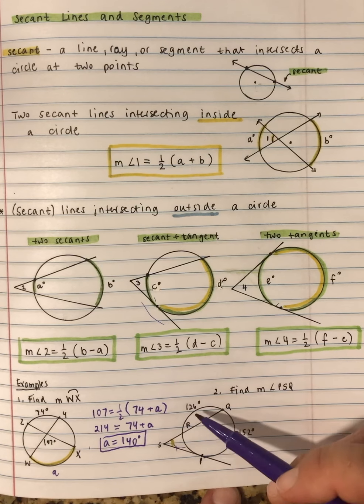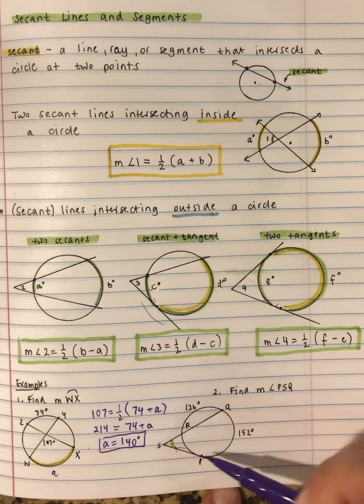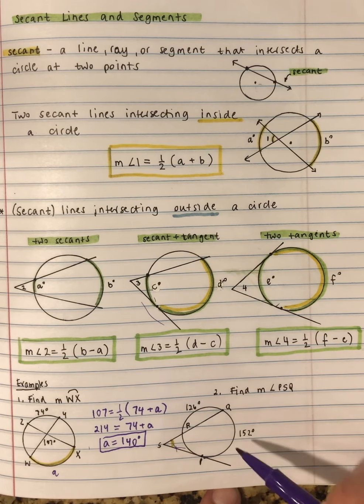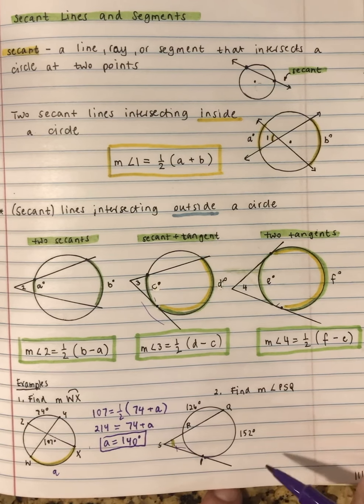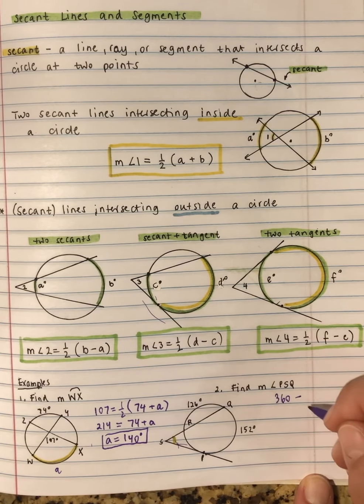I don't know the measure of this one right here, arc RP, but we can easily find it since we know this entire circle is 360. So 126 plus 152 is 278. So the difference is 82 degrees.